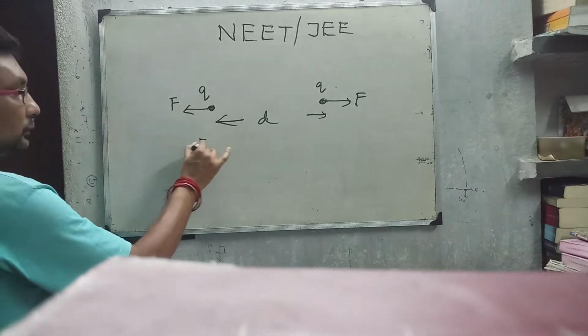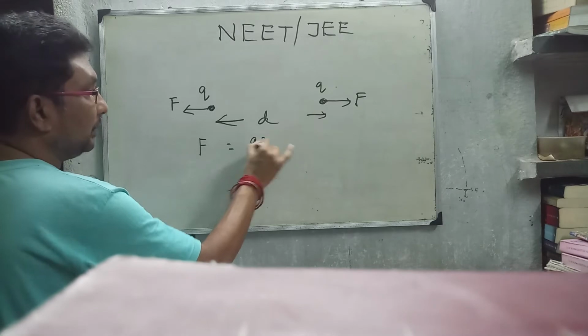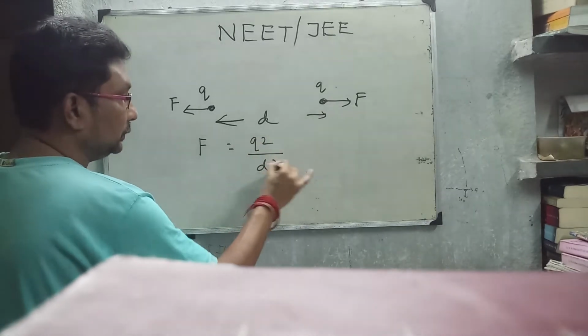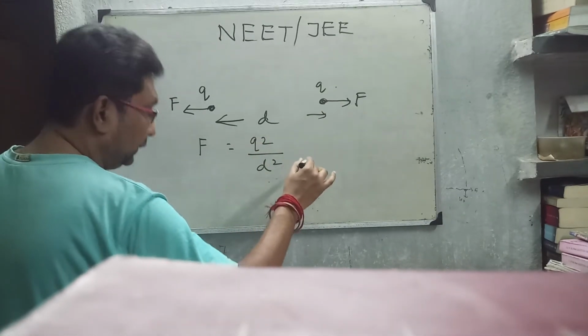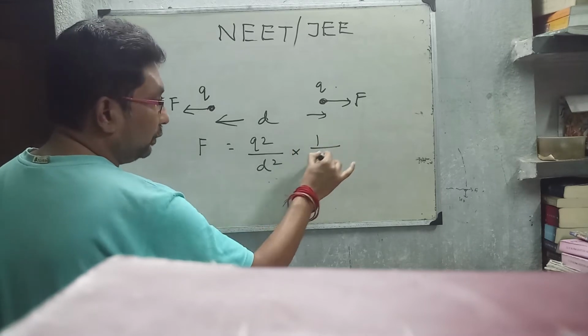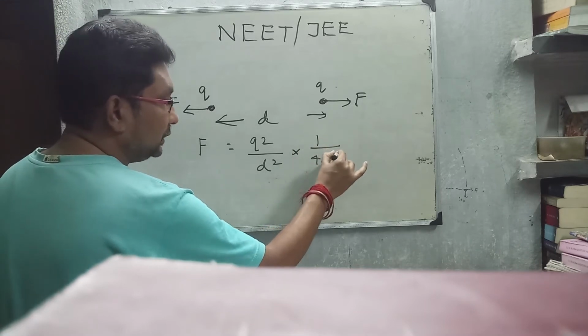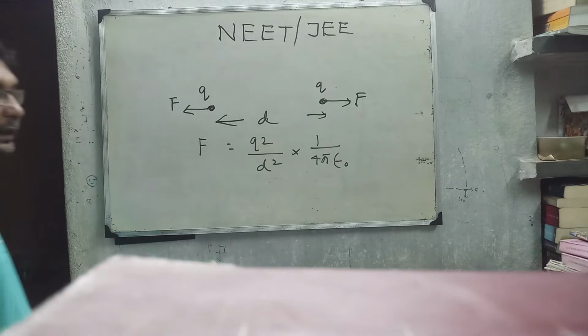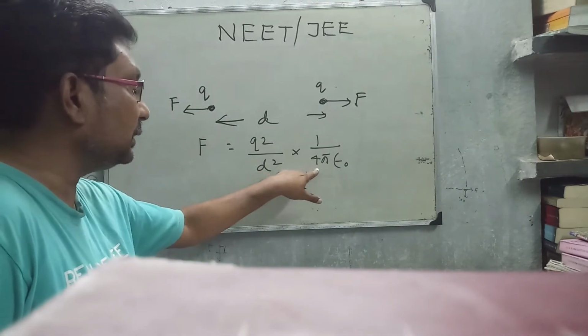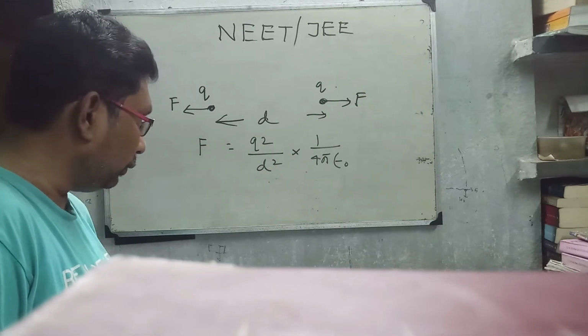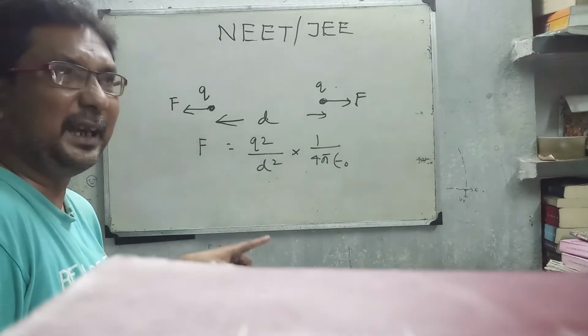F equals q square by d square into 1 by 4 pi epsilon 0. This is for the SI system. You have to check the options; take 1 by 4 pi epsilon 0 if it is in the answer.